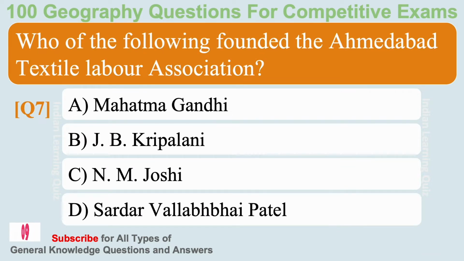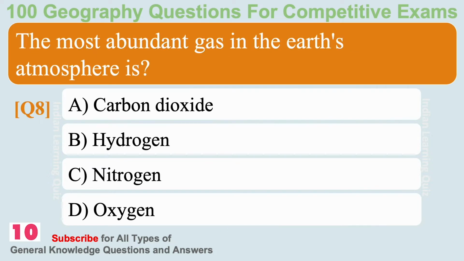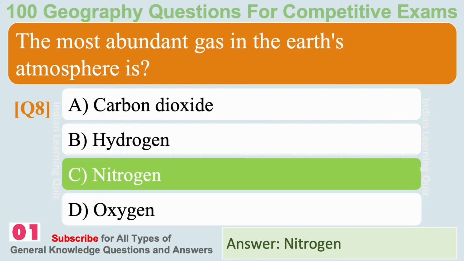Who of the following founded the Ahmedabad Textile Labor Association? Answer. Mahatma Gandhi. The most abundant gas in the Earth's atmosphere is... Answer. Nitrogen.